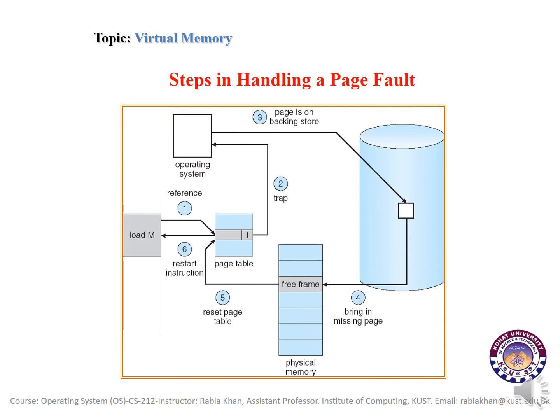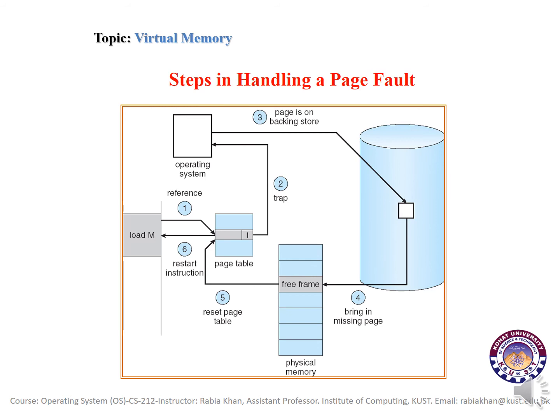The invalid bit traps the operating system and results in a page fault, as shown in step 2. The operating system searches for the page in virtual memory as well as the secondary storage, as shown in step 3.